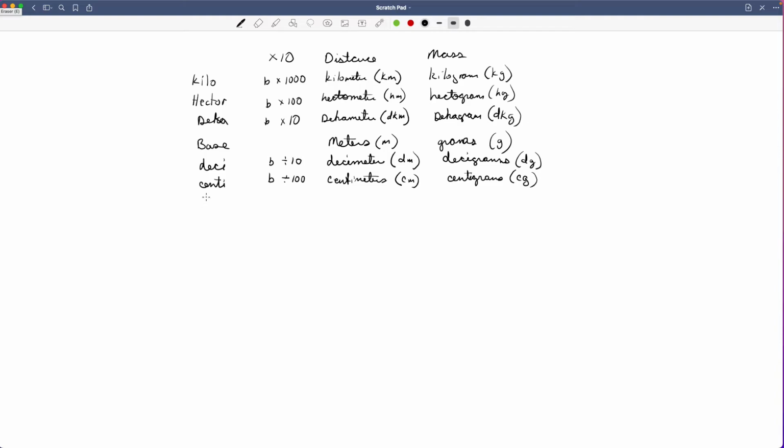And then you have milli. And that means the base divided by 1,000. So millimeters, it takes 1,000 millimeters, and that's mm, to equal 1 meter.